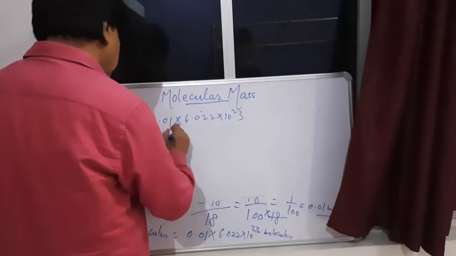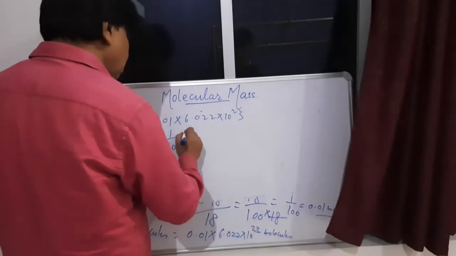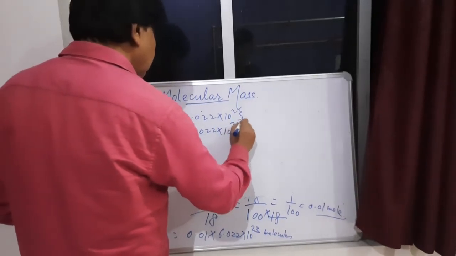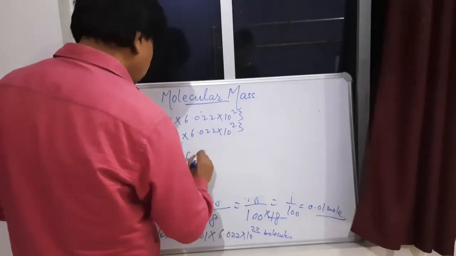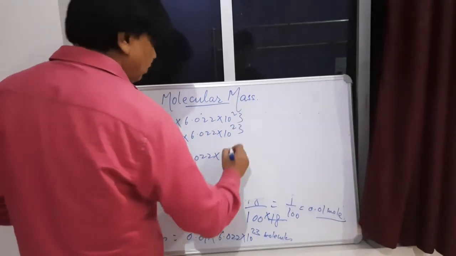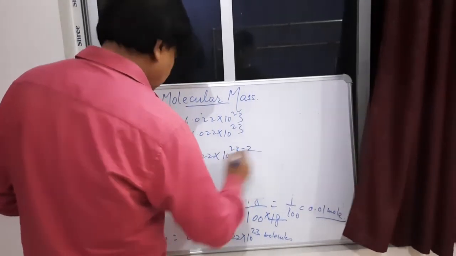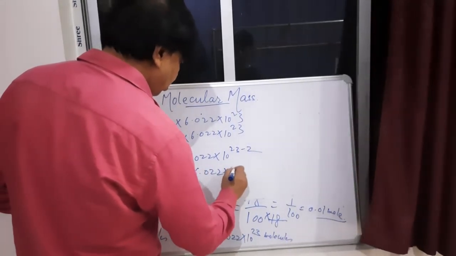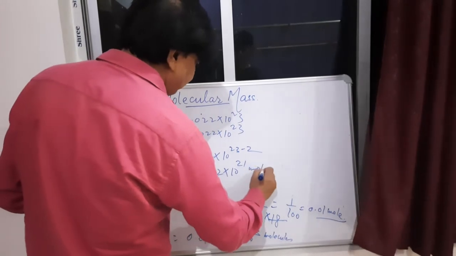It can be written as 1 by 10 to the power 2 into 6.022 into 10 to the power 23. So 6.022 into 10 to the power 23 minus 2, that is 6.022 into 10 to the power 21 molecules. Is it clear?